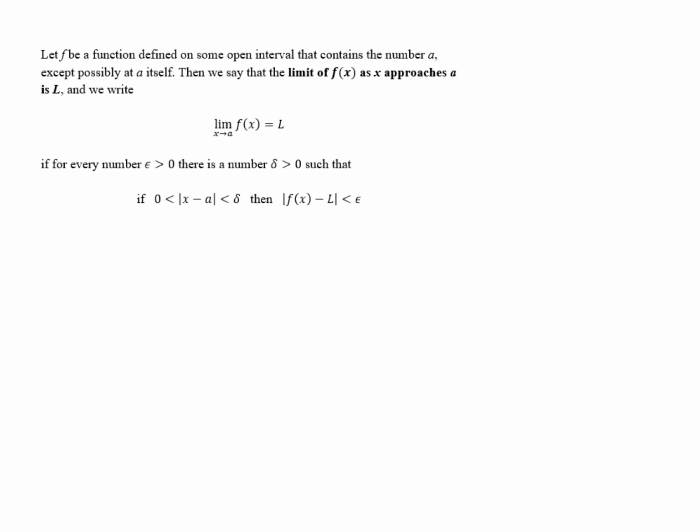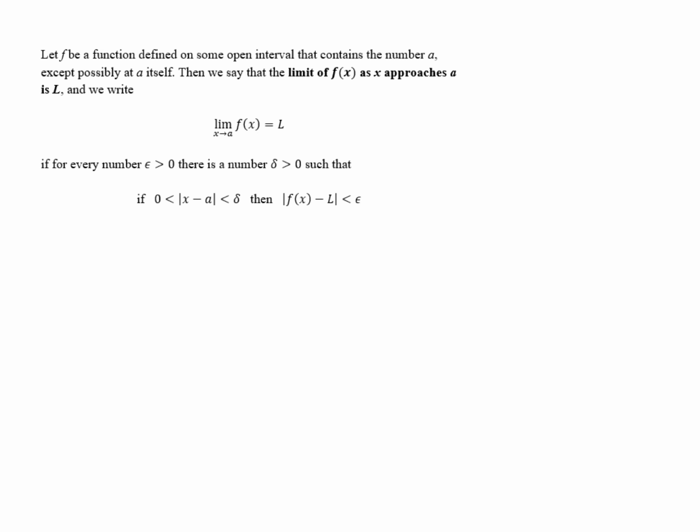So this says if our x value is less than delta units away from a, that means that the function value is going to be less than epsilon units away from L, from this supposed limit.